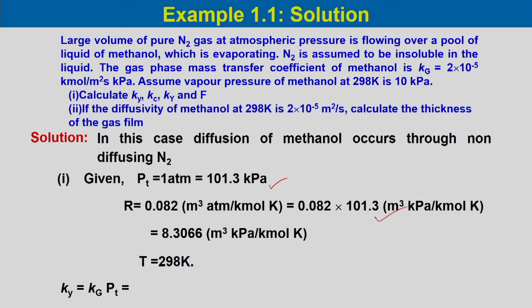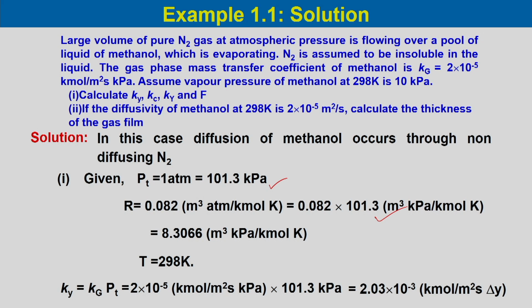So, Ky is equal to Kg Pt. We can just substitute Kg, which is given, and Pt is known to us. So, Ky would be equal to 2 into 10 to the power minus 5 into 101.3, which is 2.03 into 10 to the power minus 3 kilomole per meter square second delta y.